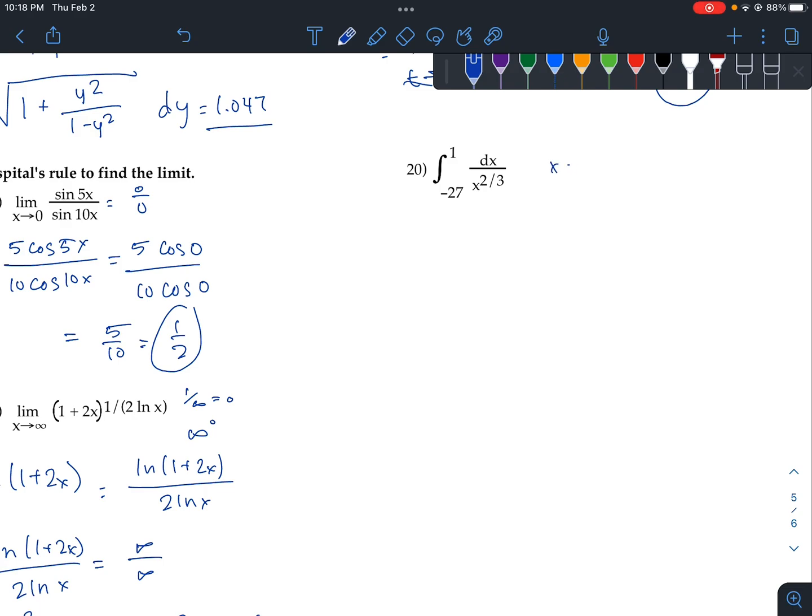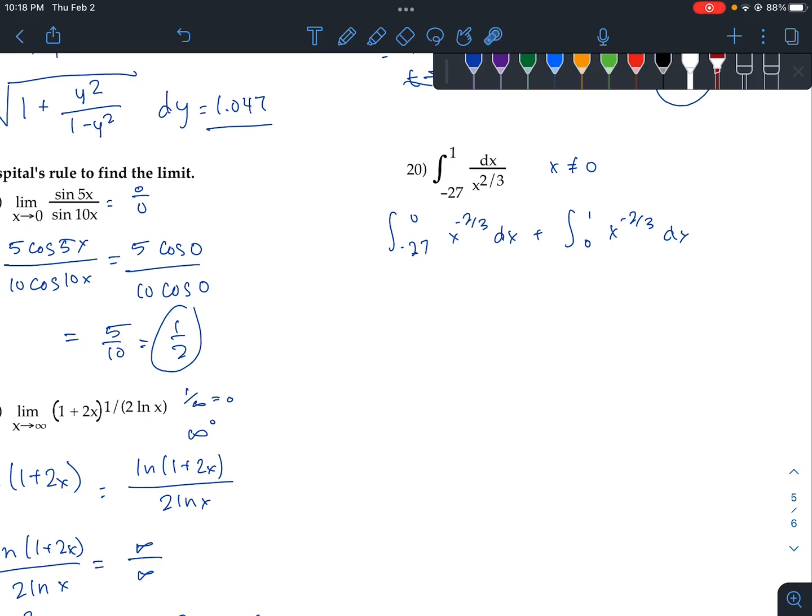So x cannot be equal to 0, so we'll do the integral from negative 27 to 0 of, we'll call it x to the negative 2/3 dx, and then we'll add the integral from 0 to 1 of x to the negative 2/3 dx.